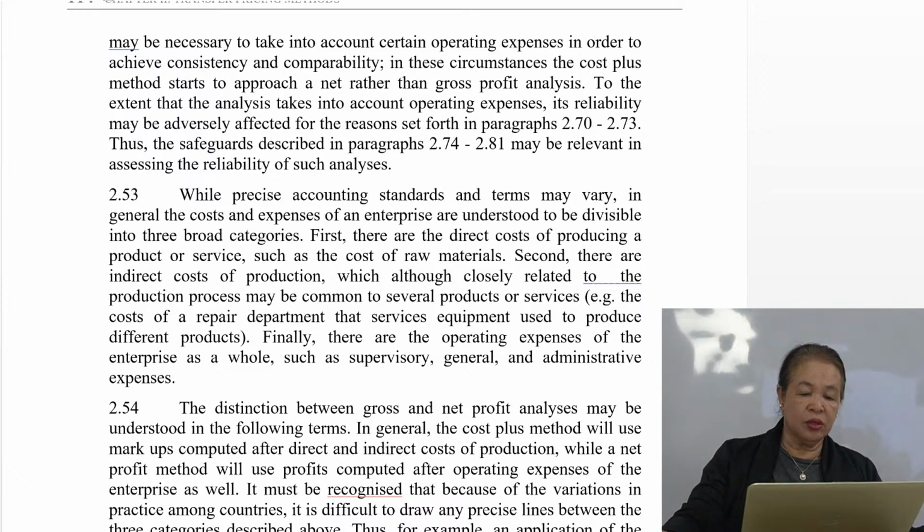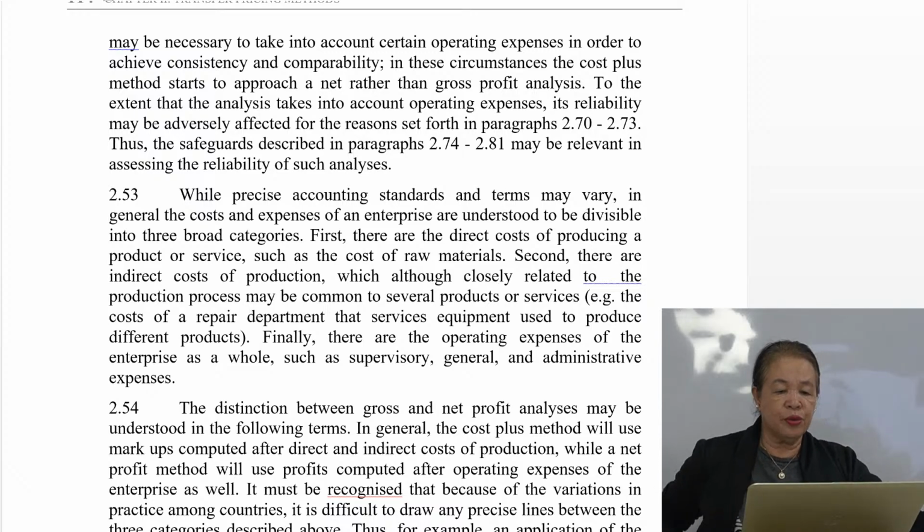So while precise accounting standards and terms may vary, in general, the costs and expenses of an enterprise are understood to be divisible into three broad categories. So pwede daw i-divide yung expenses sa broad categories. First, there are the direct costs of producing a product or service.